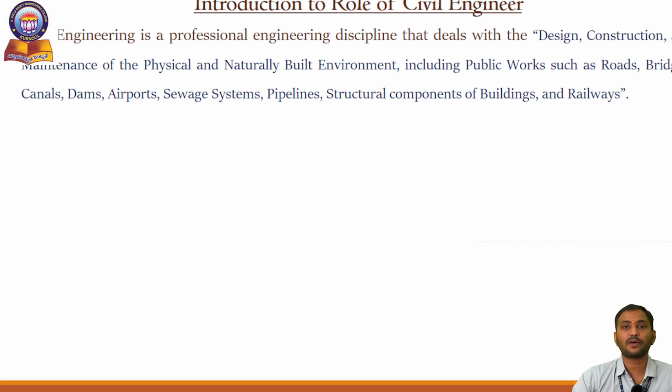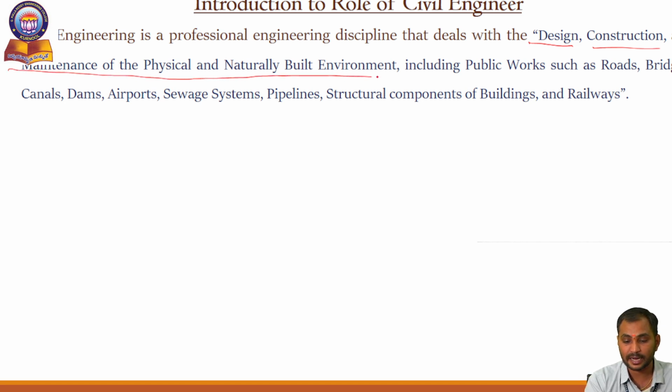First of all, what is meant by a civil engineer, or civil engineering? Civil engineering is a professional engineering discipline that deals with the design, construction and maintenance of the physical and natural built environment.